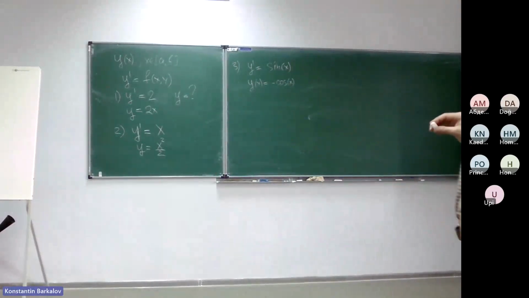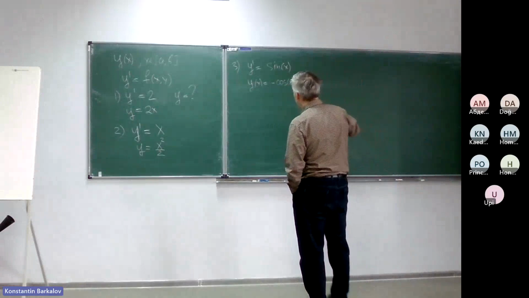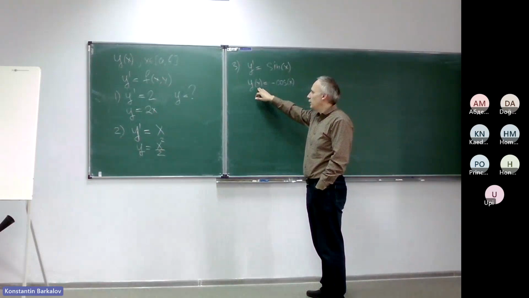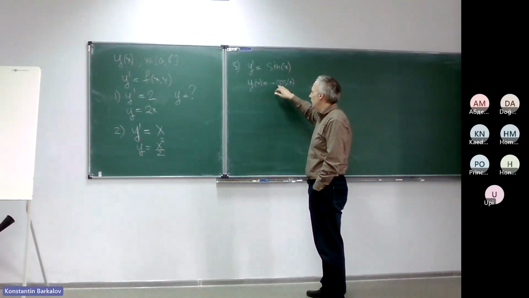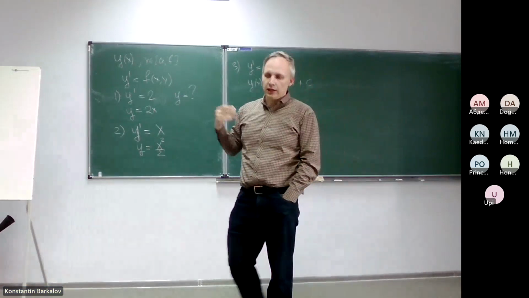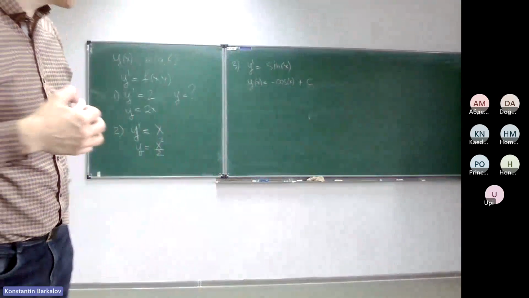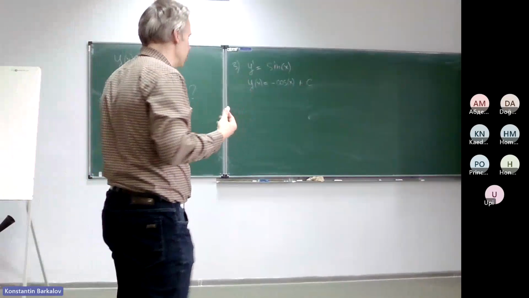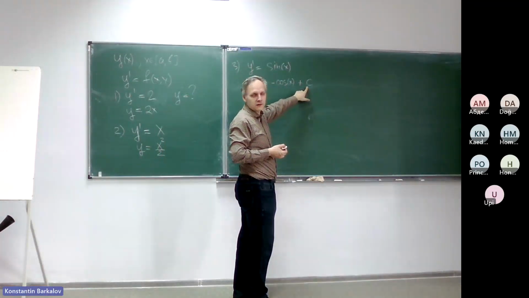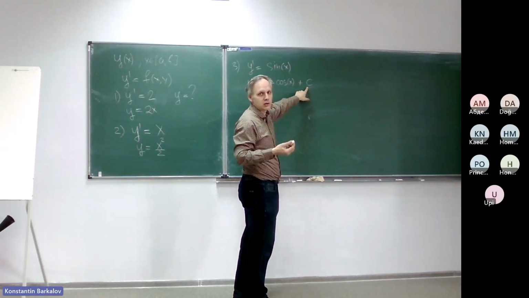Because the complete answer can be written in two different forms. For example, y of x equals minus cosine x plus any constant. I can add any constant to y of x to get the solution. Why? Because the derivative of a constant equals 0.